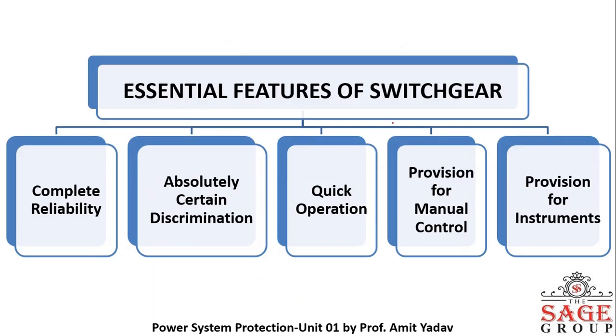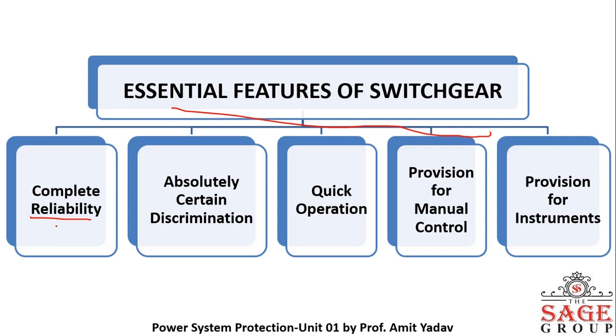Now we will discuss the essential features of switchgears. The first one is complete reliability. To define this feature, first we have to understand what reliability is. Reliability means dependable.